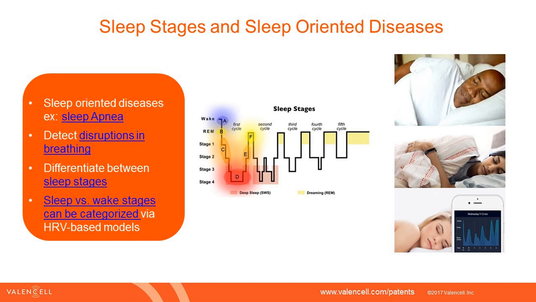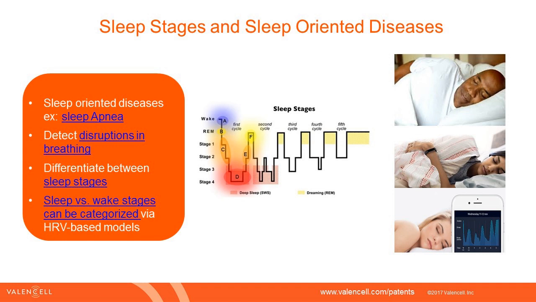Another one is differentiating between sleep stages. There's a classification methodology you can use for that, based off only a PPG sensor. And I've seen the classification rates. I believe there's a classification rate of something like 85%, 87%.